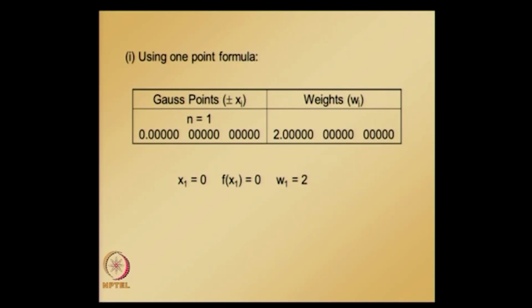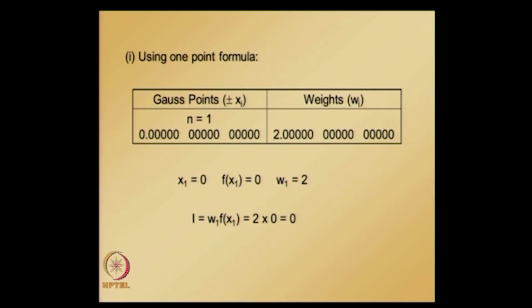If you substitute x is equal to 0 in the integrand, 8 times x power 7 plus 7 times x power 6, it turns out to be 0, and finally the function value at the integration point times the weight gives us 0.